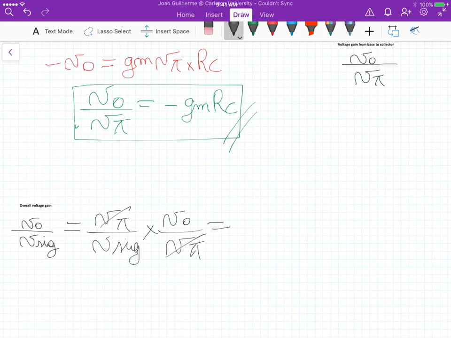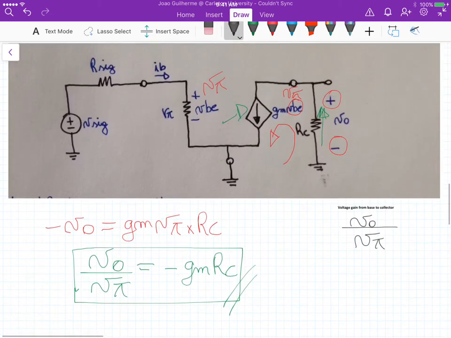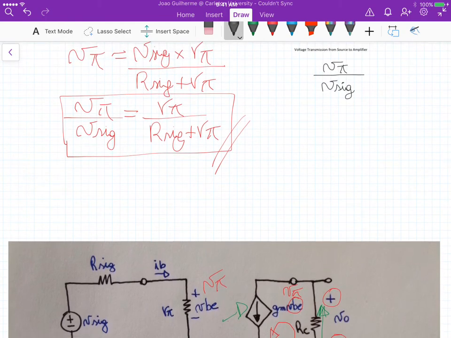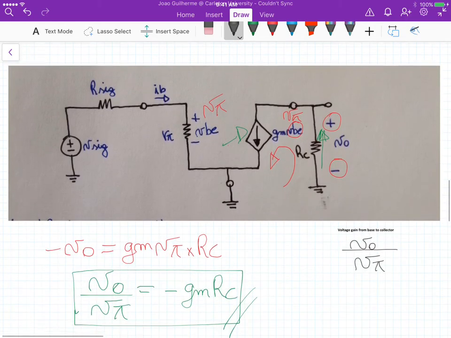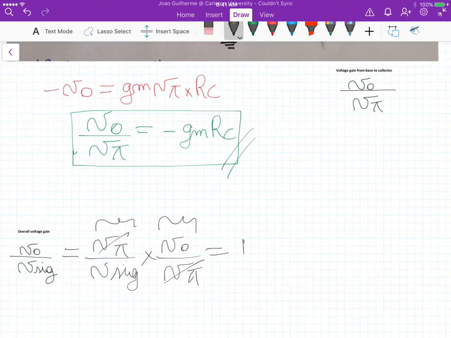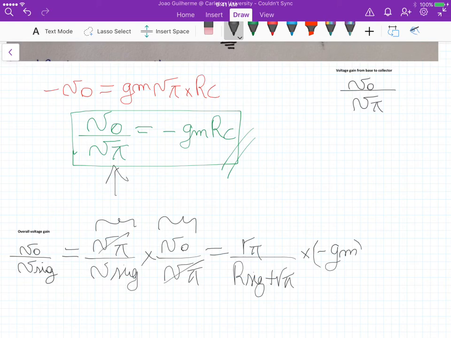Now, if we plug in the equations from the previous calculations, we have R pi divided by R signal plus R pi, times the voltage gain from base to collector, which is minus transconductance Gm RC.